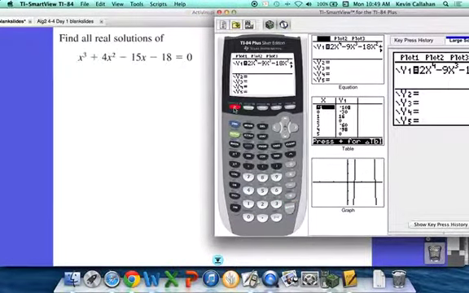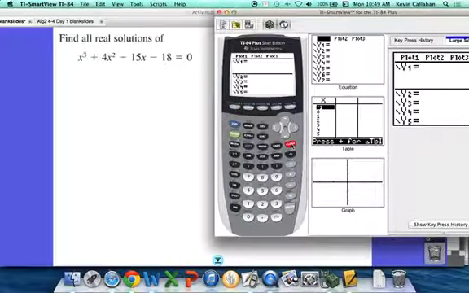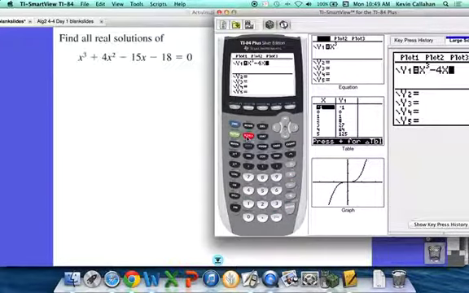Y equals, clear, x to the 3rd minus 4 x squared minus 50. Oh, that was a plus 4. See how I messed that up?